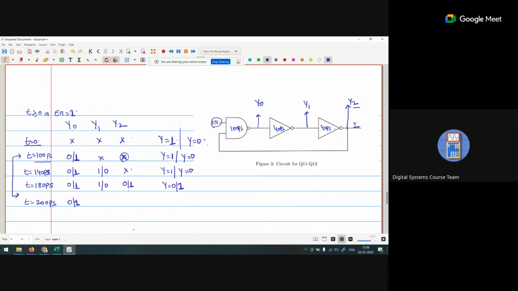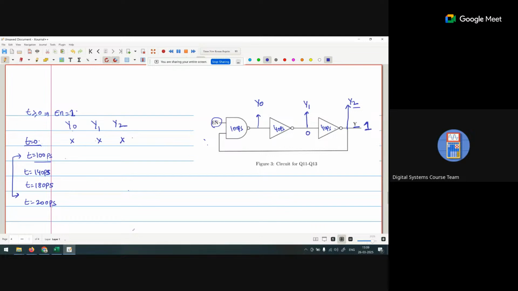Again, let's assume a specific input. Assume that y is equal to 1.